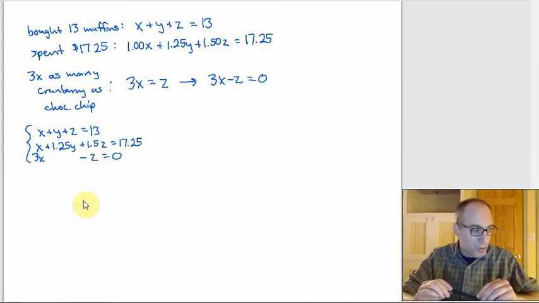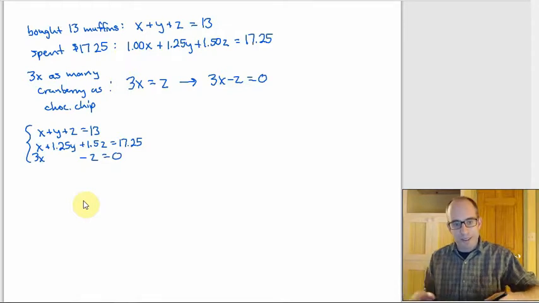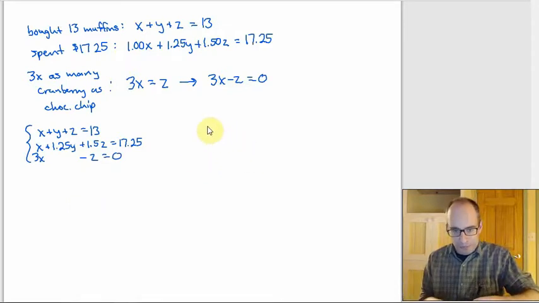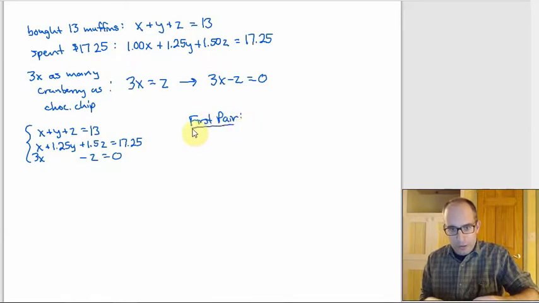So we go back to what we were doing. The first pair that I would pick would be the first and third, because you got the plus z and the minus z. So for the first pair, what I would do is I would have x plus y plus z equals 13, and then 3x minus z equals 0.